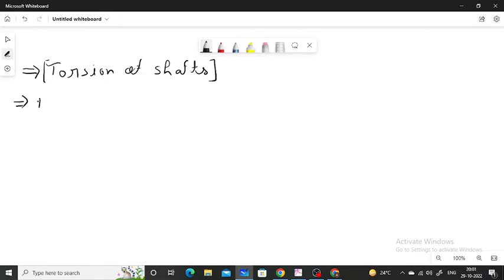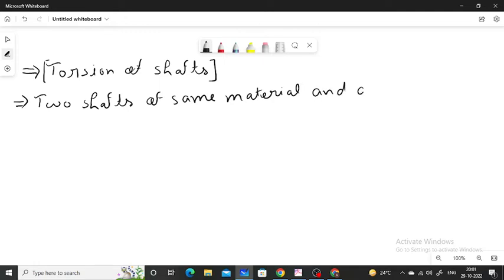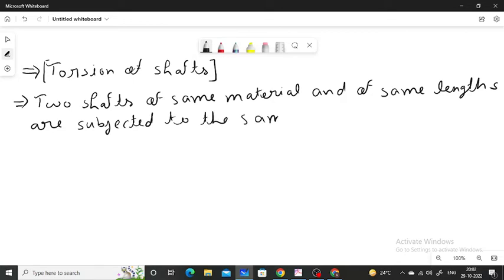and of the same length are subjected to the same torque.